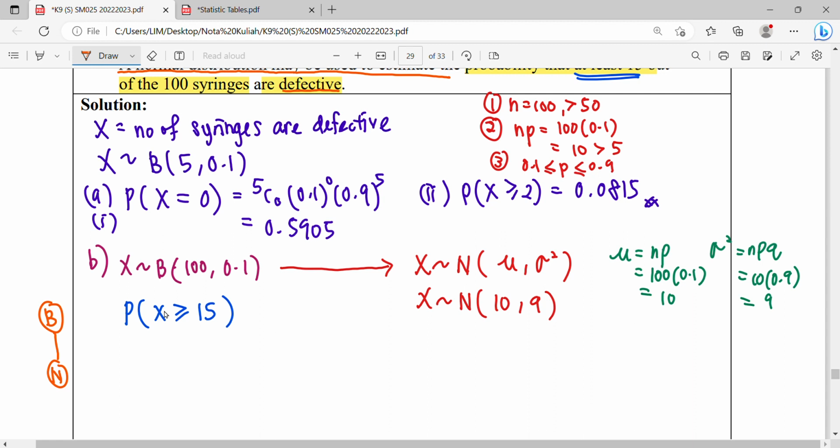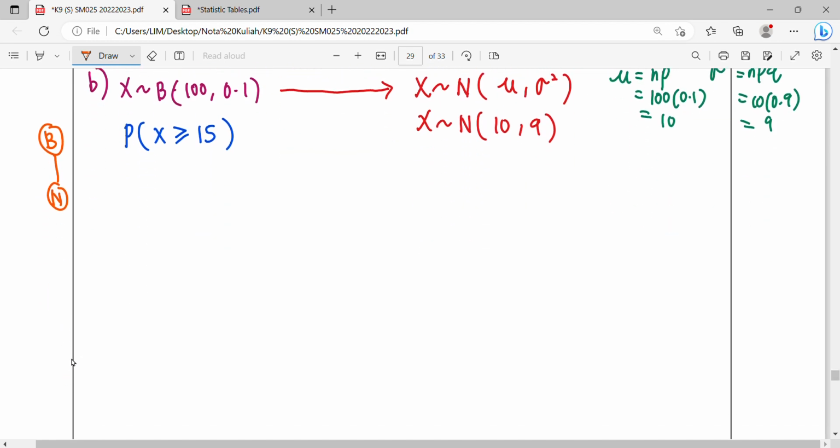Your status comes from binomial, you need to change to normal. After you change to normal, we will change it to standard normal in order to draw the graph and find it from the table to get the answer. So what will happen when we change from binomial to normal? Continuity correction. Then for standard normal, the z-score: x minus mu over standard deviation. So all the concepts are here.